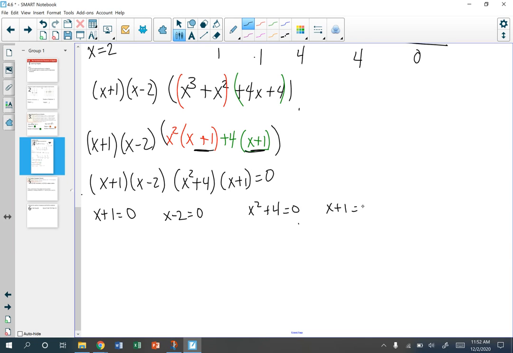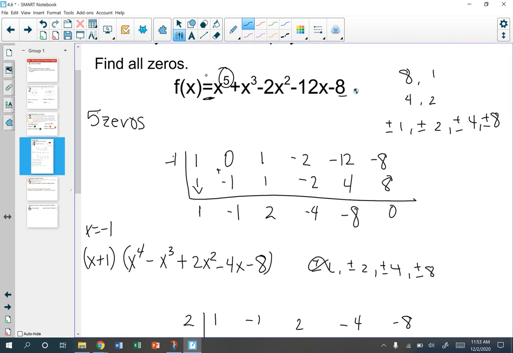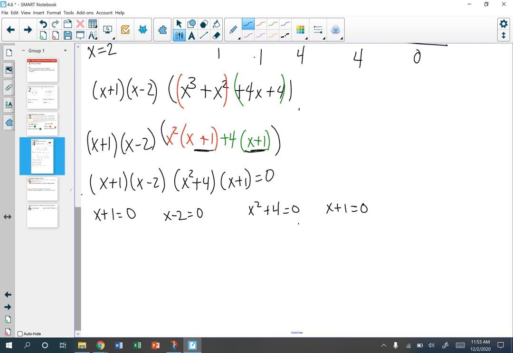And since this is a 5th degree, remember we started with a 5th degree, so we should have 5 zeros when we get done. Here we get x equals -1, x equals 2. This one, we get x squared equals -4. But then when we take that square root, we get x equals plus or minus.